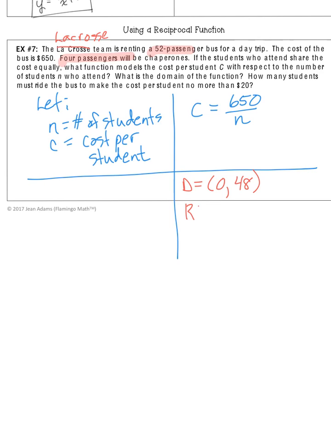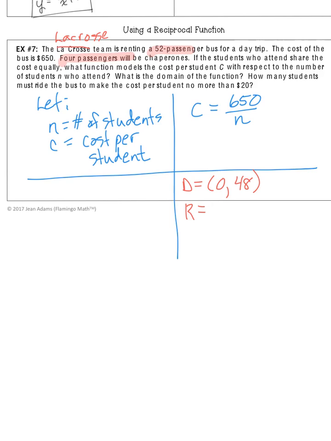Now our range could be, if I had 1 student, it would cost that student $650. I really hope there's not 1 student on the lacrosse team. But 1 student would cost $650 all the way up to 48 students. So let me divide that out. So my highest cost per student would be $650.